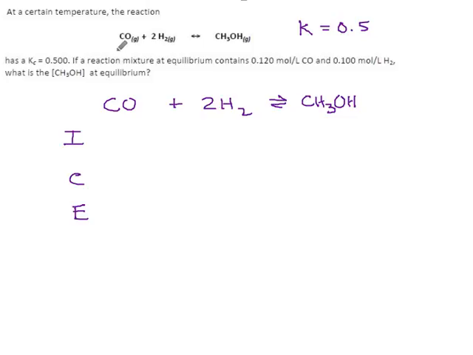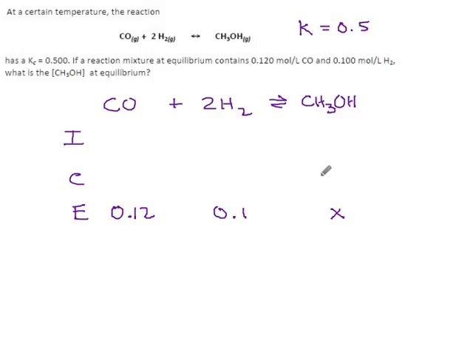A reaction mixture at equilibrium contains 0.12 of carbon monoxide, that's the equilibrium amount, and 0.1 moles per liter of hydrogen. And we don't know the methanol. I'll put an X. Question mark is understandable, but we should be putting X's.